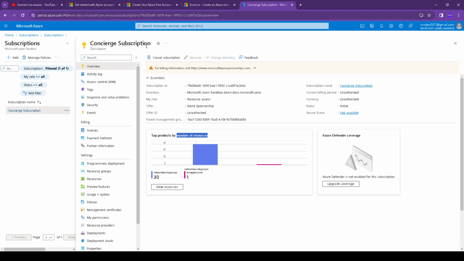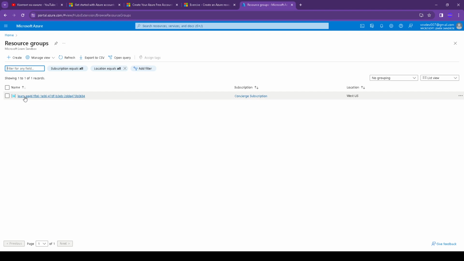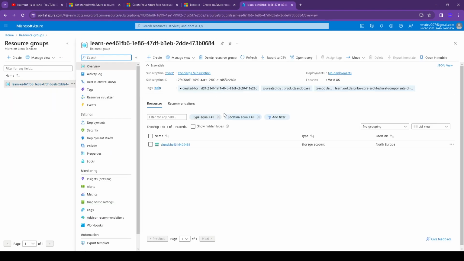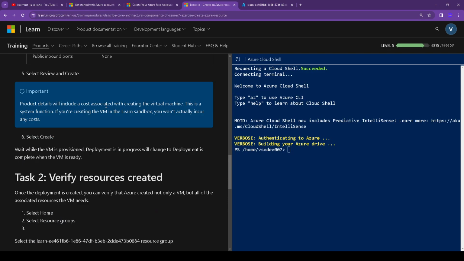So here is our subscription, and you can have resource groups. It is created for us with our subscription, learn and a UID name. So we have a storage account in each account.